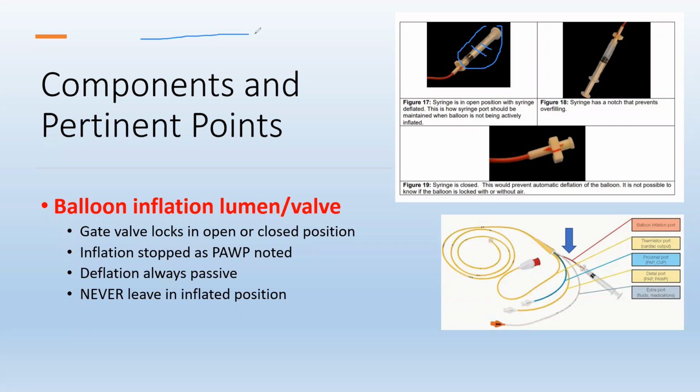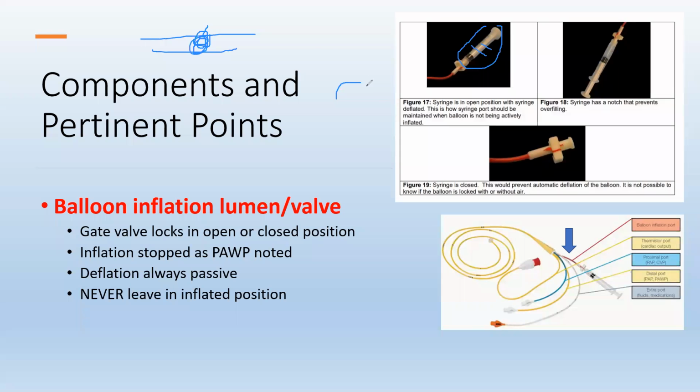Because you remember, if this is the pulmonary artery and you now overinflate it, what's going to happen? You can rupture this pulmonary artery. Okay? You could also rupture the balloon itself. And therefore, measures to prevent overinflation and rupture should always be undertaken.